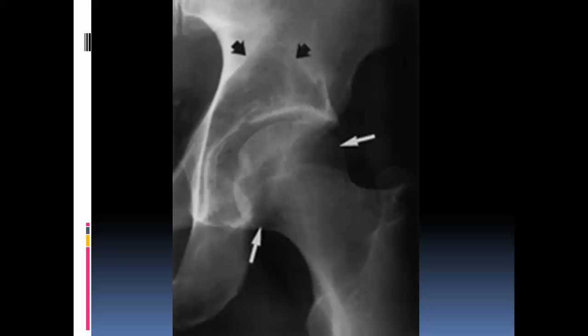Here are some normal lucencies. Of course, we said that this is the ischial-iliac line, that one and that one. This is part of the head, this is part of the neck, and this is part of the supraacetabular iliac bone.